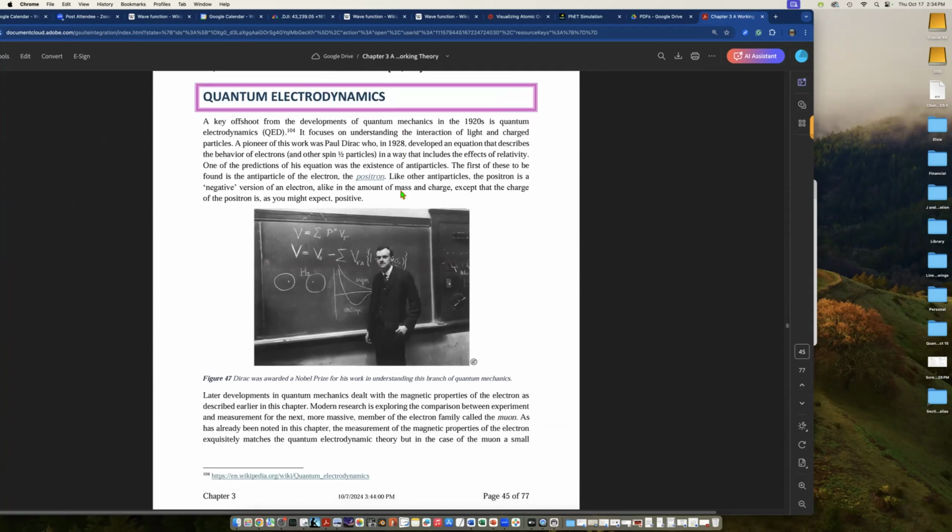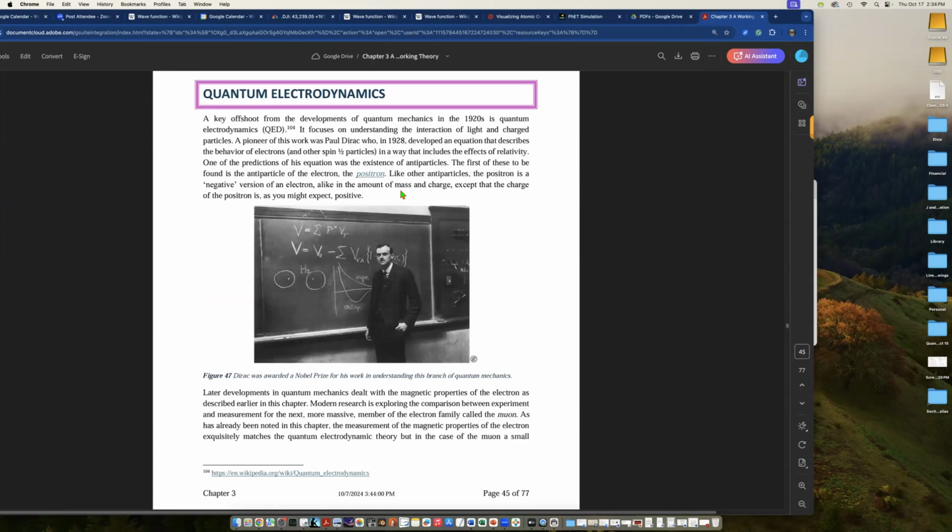Now, I've already said this, the theory of quantum mechanics that we use today existed in the late 1920s and hasn't changed very much. But extensions have been made, and a key extension is called quantum electrodynamics. This describes how charged particles interact with light.